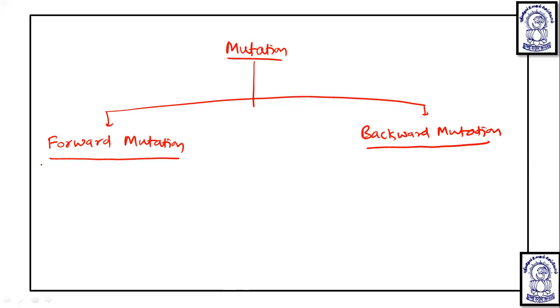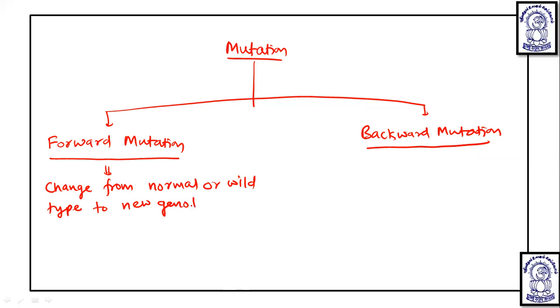If it is forward mutation, then there is a change from normal or wild type to a new genotype. That new genotype can be either recessive or dominant. Then this is known as forward mutation, and this is the commonest type of mutation.